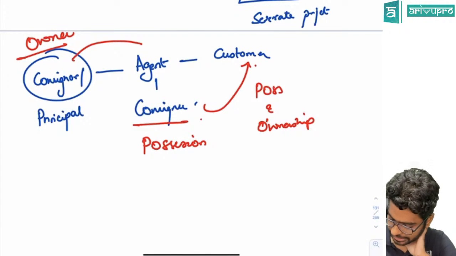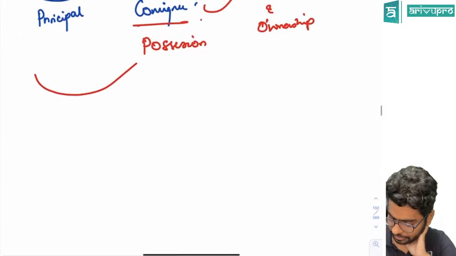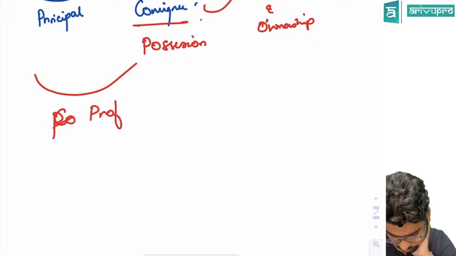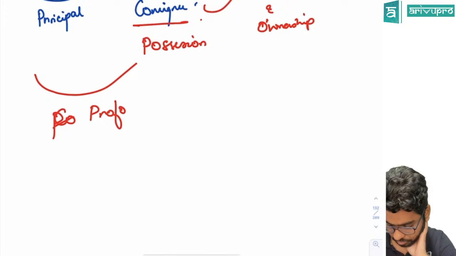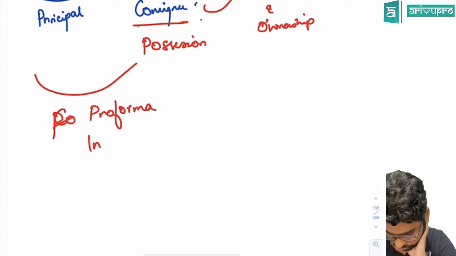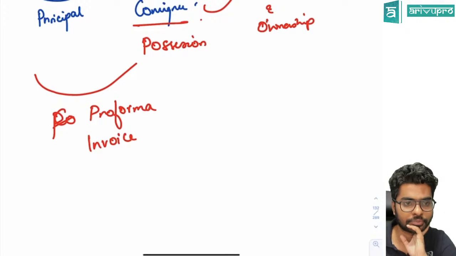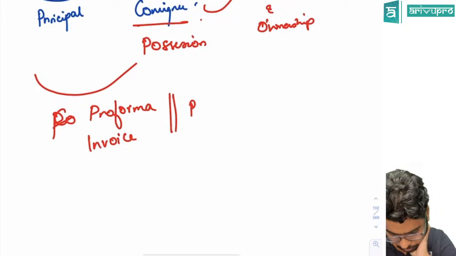Whenever the goods are sent by the consignor to the consignee, he sends something called a proforma invoice, which will have all the particulars of the goods sent.